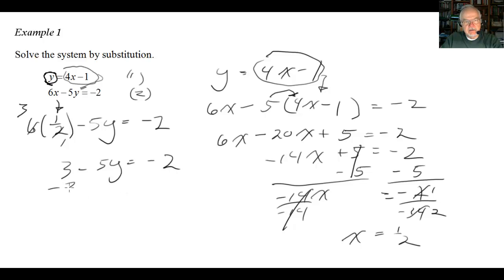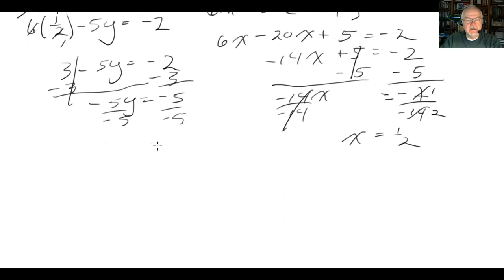Alrighty, let's subtract 3 from both sides. Oops, and that goes away, that's 0. Minus 5y equals minus 5. Divide both sides by minus 5. And I get minus over minus is plus, and that's going to essentially be y. Minus 5 over minus 5 is 1. So the solution, actually, is the point 1/2, 1.